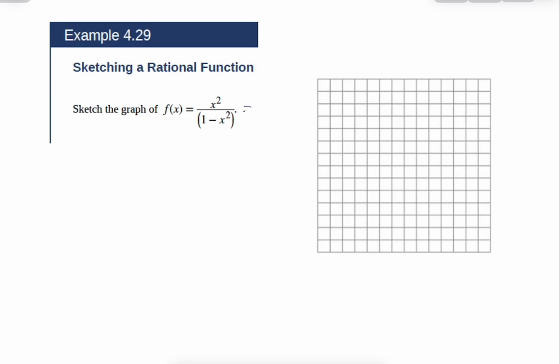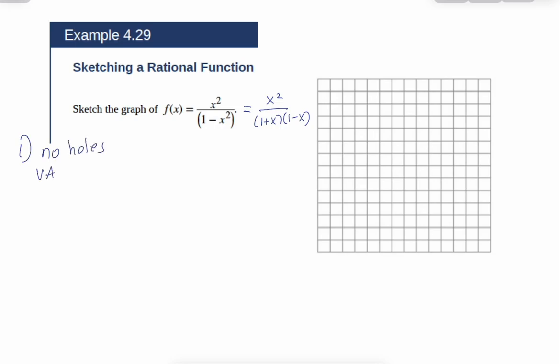So I'm going to also think about this as x squared over (1 plus x)(1 minus x). Now, when it comes to derivatives and stuff like that, I'm going to use the version that is most beneficial to me. So number 1, there is no factor that matches top and bottom. There are no holes.